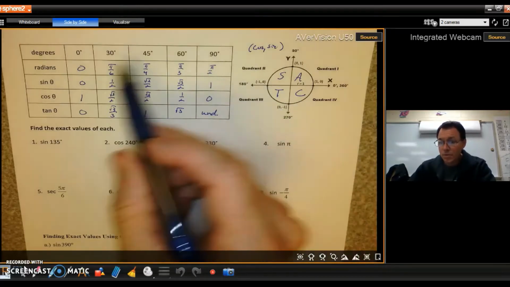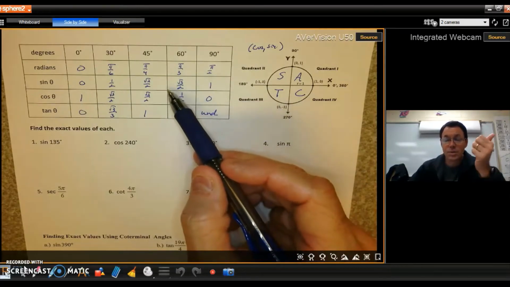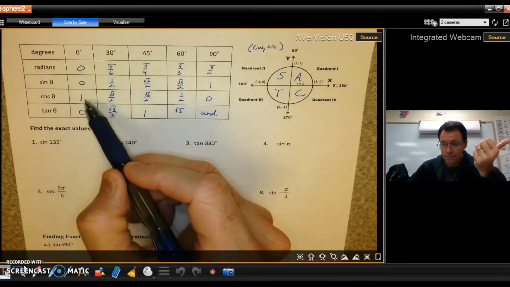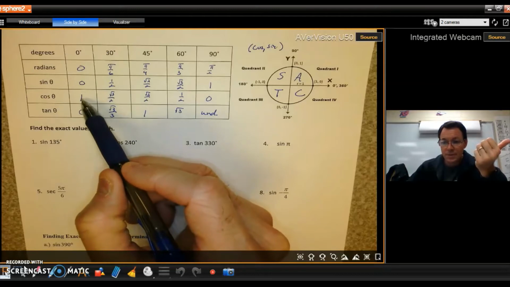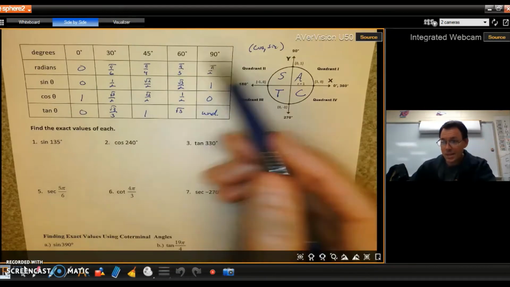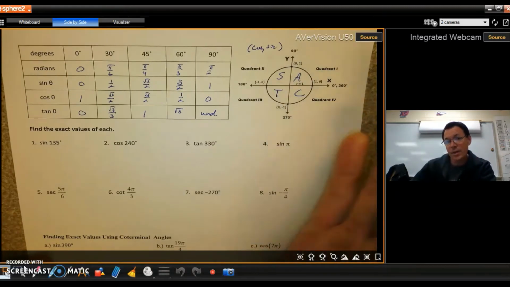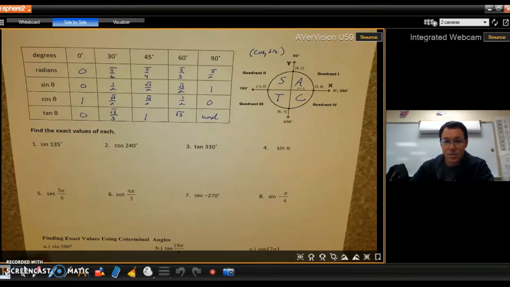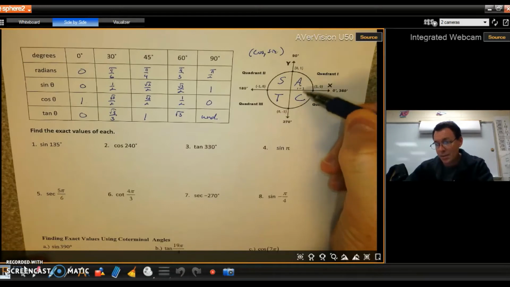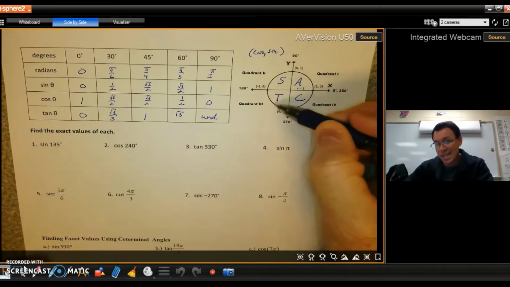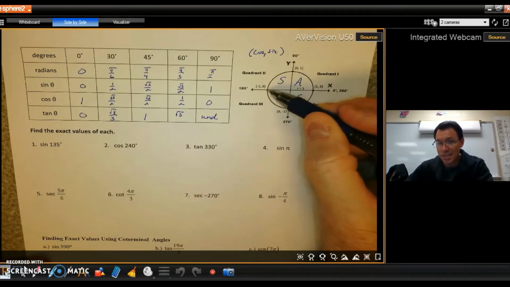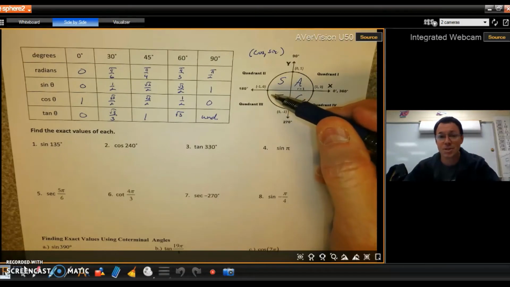You can say cosine of 180 would have a reference angle of 0, so you're going to get an answer of 1, but it's not 1, because we're on the other side of the circle. Cosine's positive over here, but negative over here as well. If it's negative in these two quadrants, it's also going to be negative on that boundary line between them.